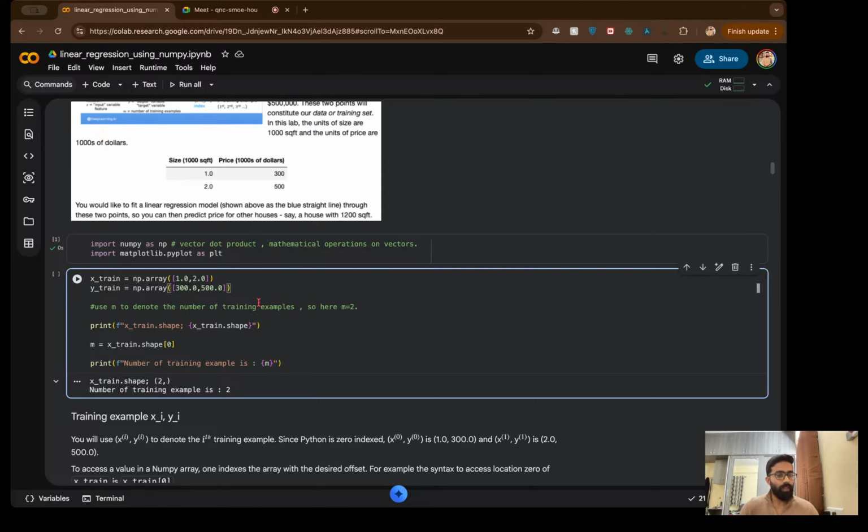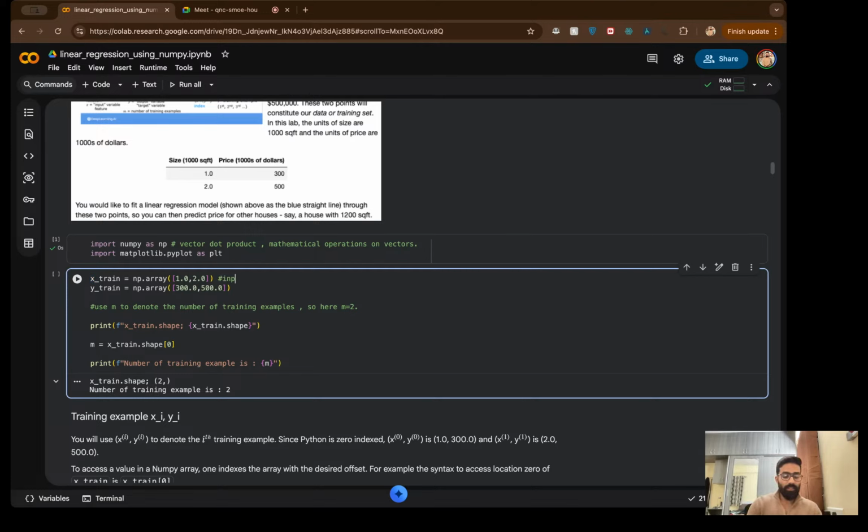So in the real case scenario, guys, what we do is we import the data from some data format, let's say CSV file, Parquet file. There are many types of file through which we get the data. But eventually what we do is we create the numpy array out of those data frames. As I said, we are going to implement using the numpy only. So for that purpose, I have created this input feature xtrain.